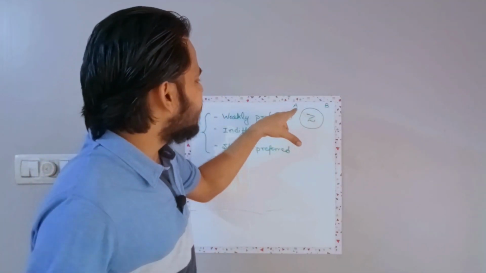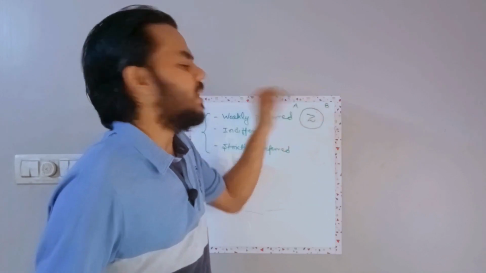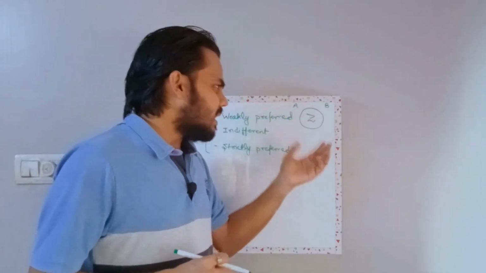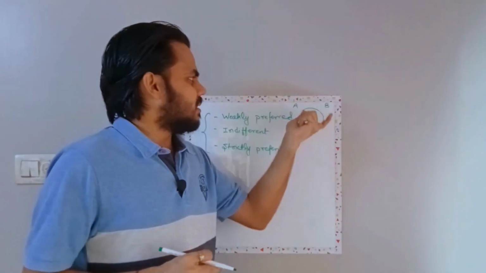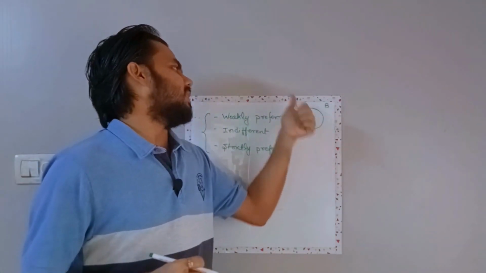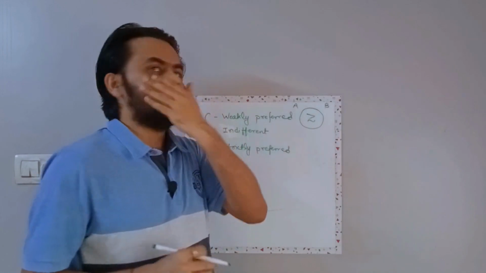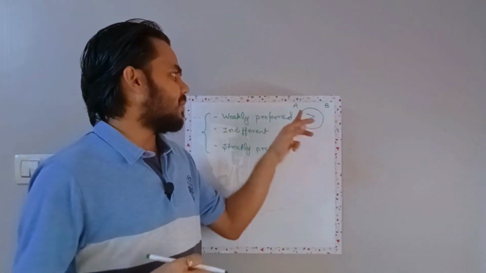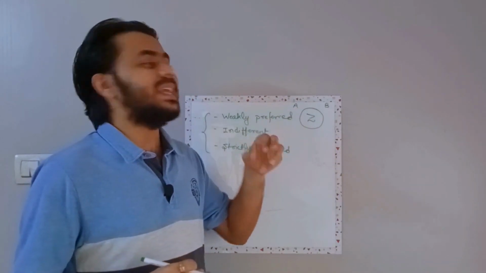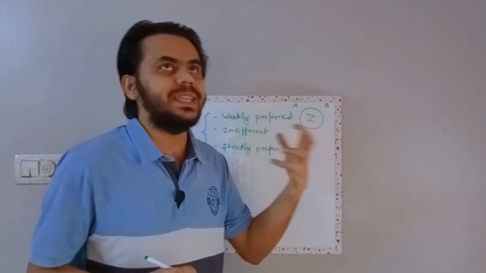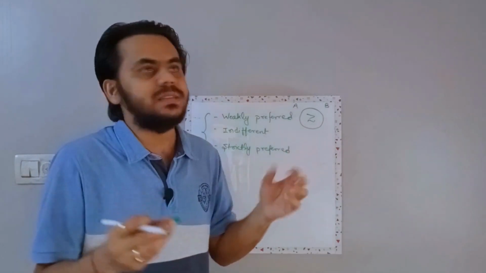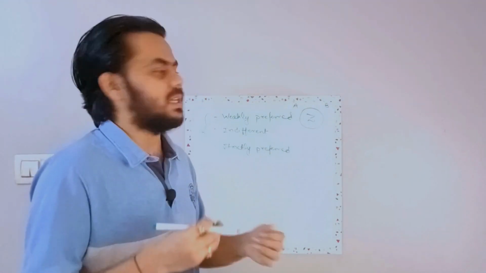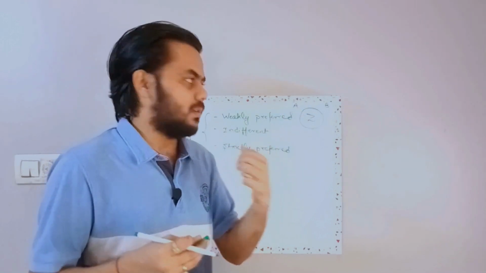So you weakly prefer A to B. Weakly prefer means that either you prefer them in the same way or you prefer A slightly better than B. So given a choice between B and A, you will either prefer A or you will be indifferent between A and B. Meaning, on some days you might say that A and B are equally good to me, and on some days you might say that A is better than B, right?